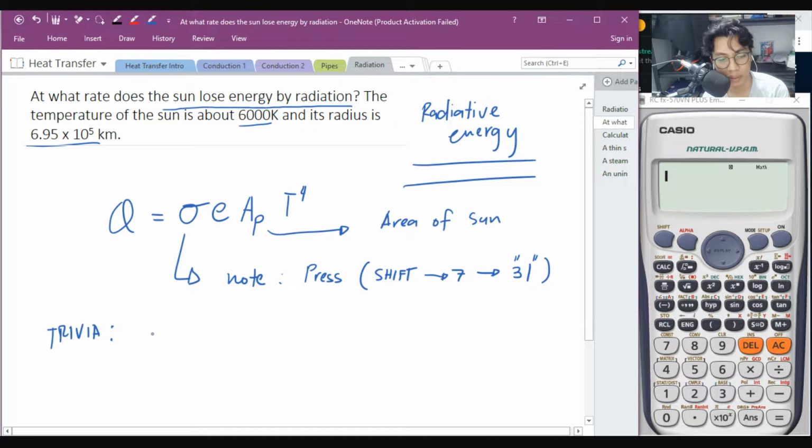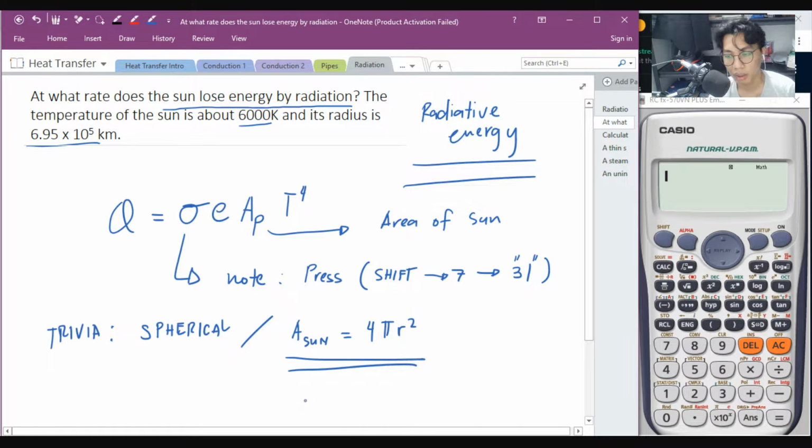No. Trivia, the sun is assumed to be spherical in shape. And, going back to your solid mensuration, the surface area of the sun is equal to 4 pi r squared.